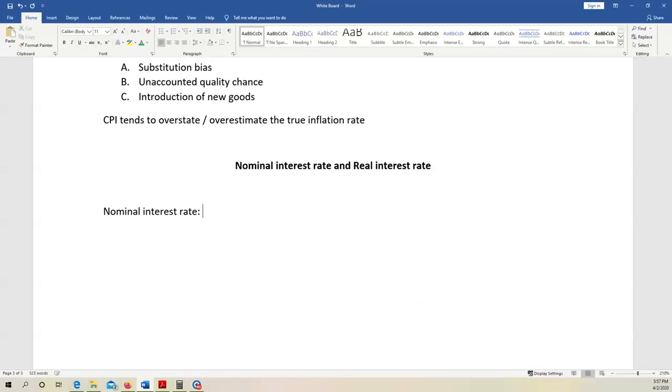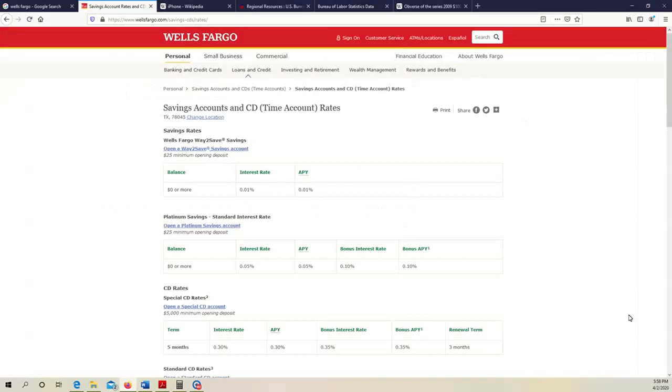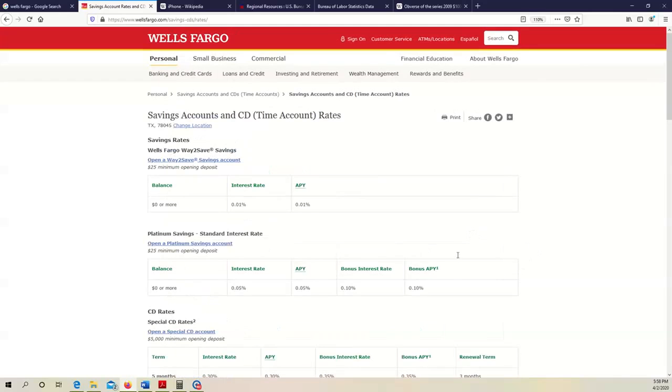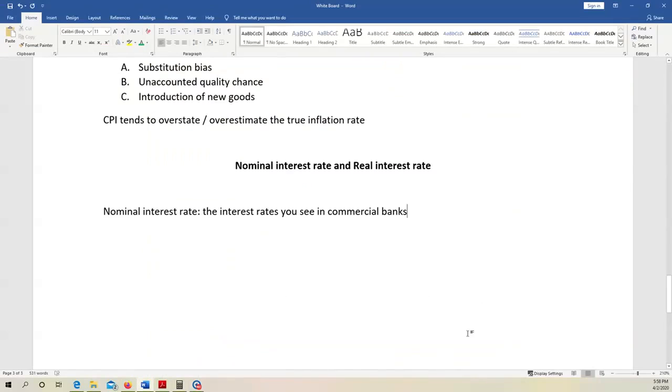What's nominal interest rate? The interest rate you see in commercial banks. What is a commercial bank? So for example, Wells Fargo is a commercial bank. This interest rate, 0.01%, is the nominal interest rate for a basic savings account at Wells Fargo. What's real interest rate?